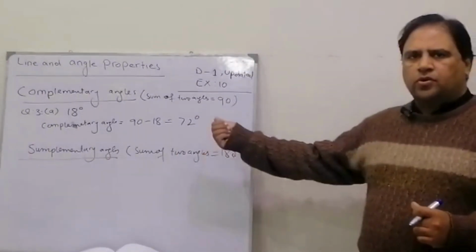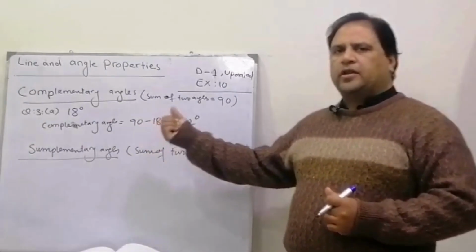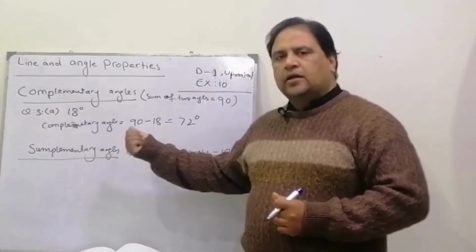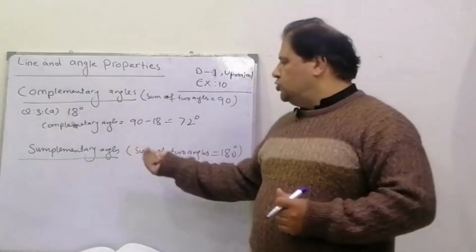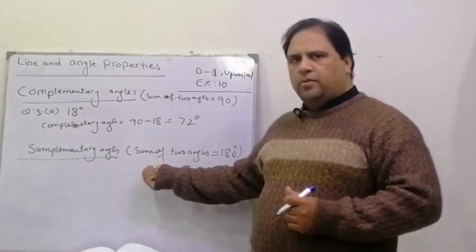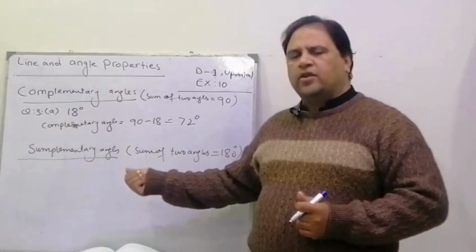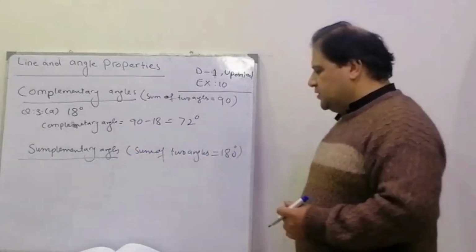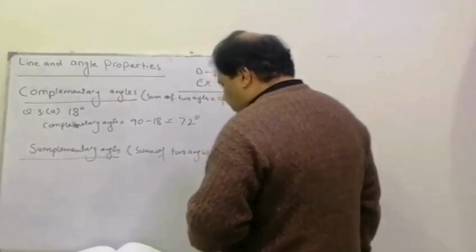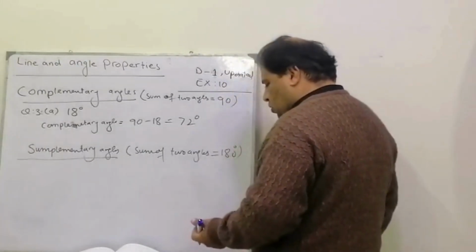As we discussed, if we subtract the given angle from 90 we get the complementary angle, so in the case of supplementary angles, if we subtract the given angle from 180 degrees, we get the supplementary angle.